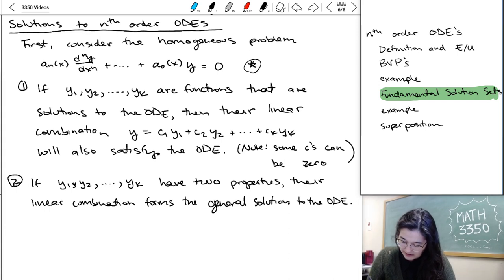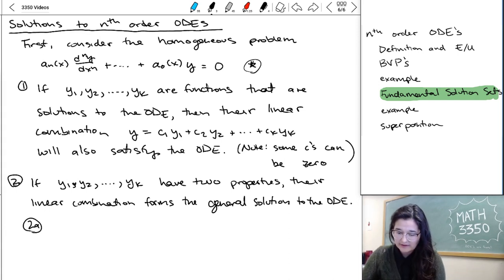And those conditions are going to be, first of all, we have to have linear independence, or that they are linearly independent.